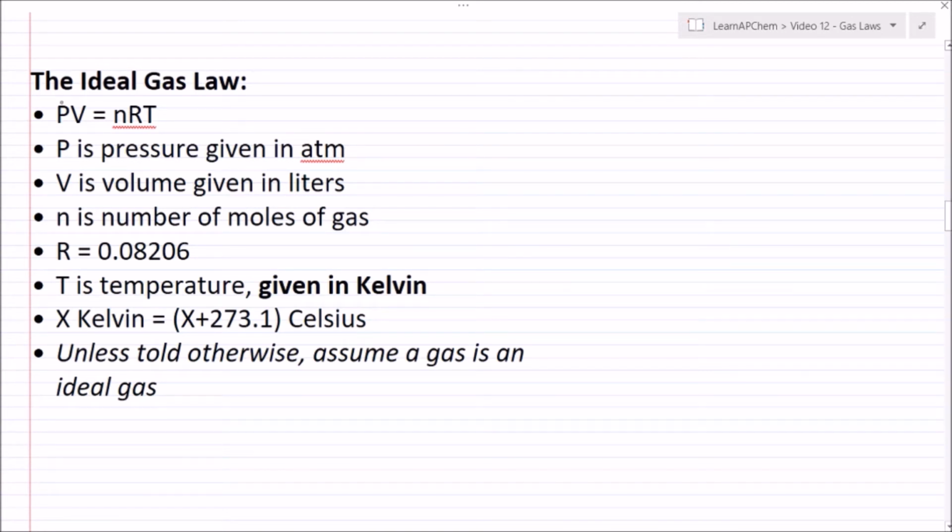And so this is a simplification. We'll talk more about ideal gases versus real gases later, but for now just know that this is in fact the ideal gas law. We're making some assumptions to simplify. Unless you're told otherwise, you should assume that a gas is an ideal gas for AP Chemistry.